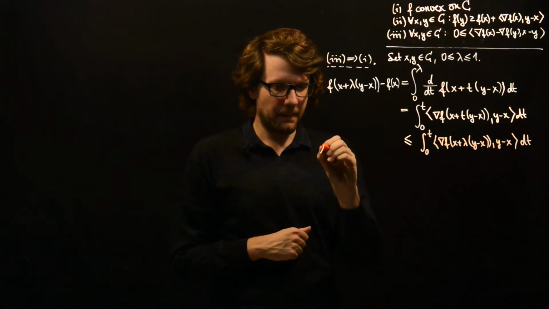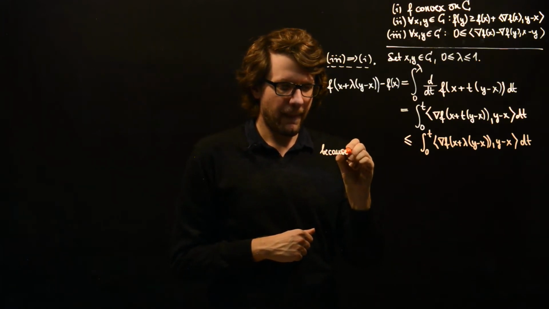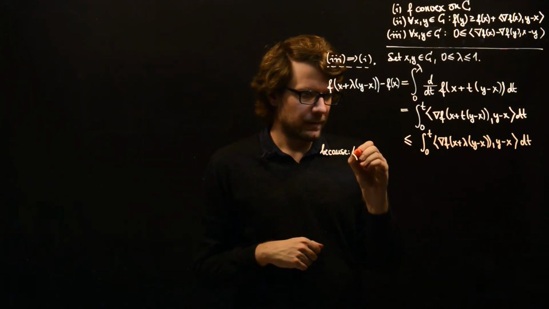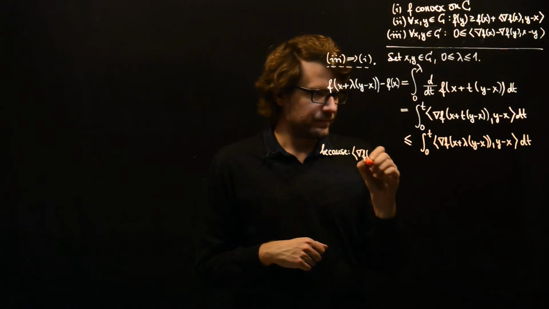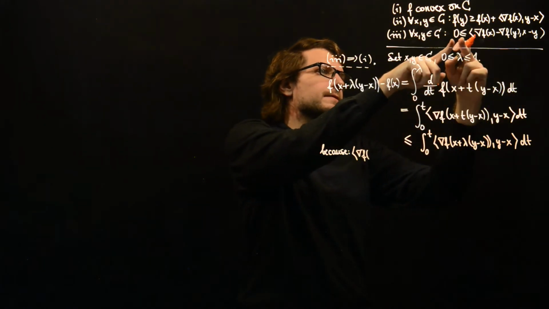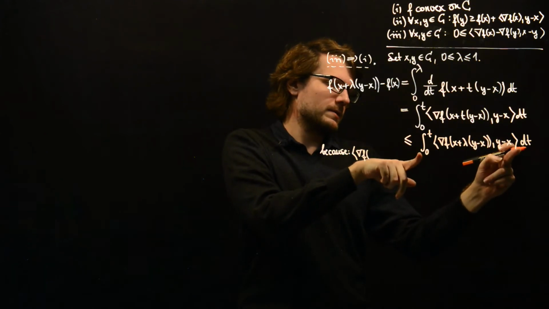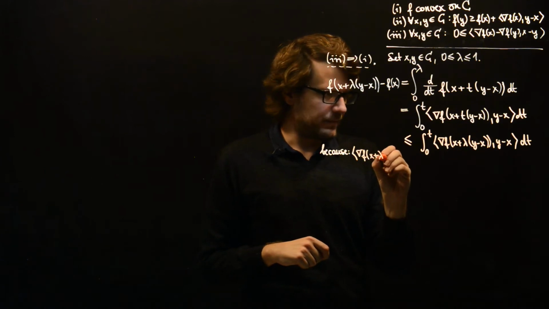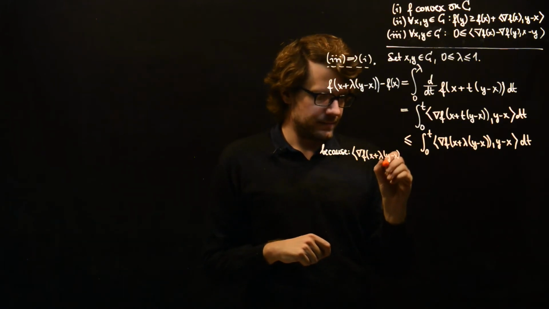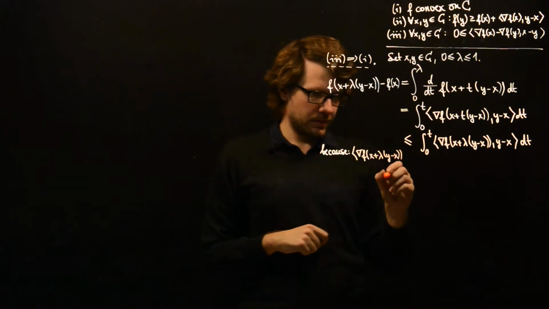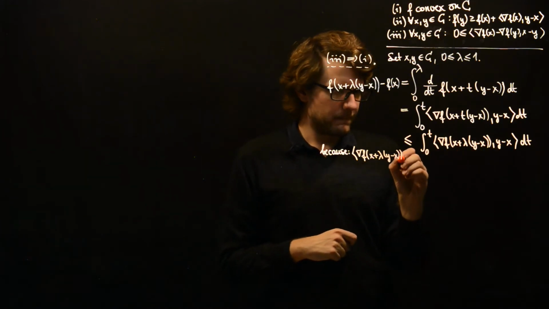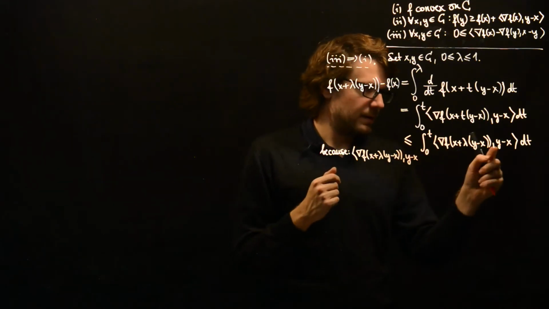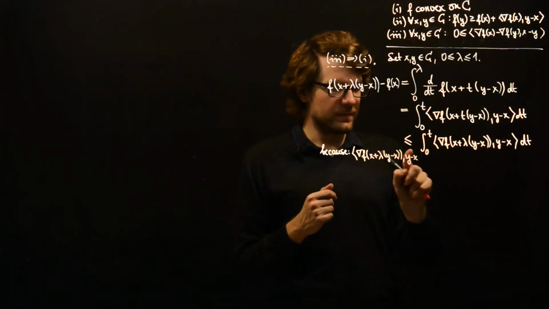Why is that? We have gradient f. So here we have something greater or equal than 0. So let's start here. Gradient f of x plus lambda times (y minus x), inner product with y minus x, and this y minus x is actually in both of these things.